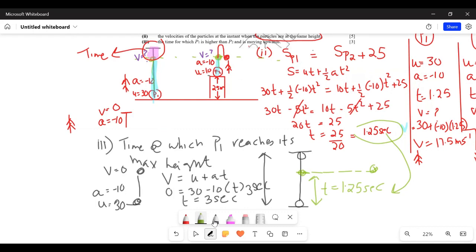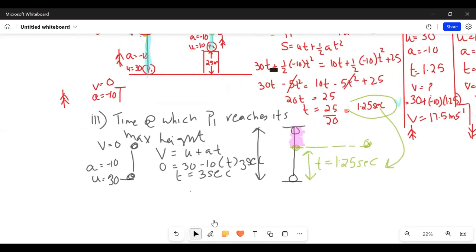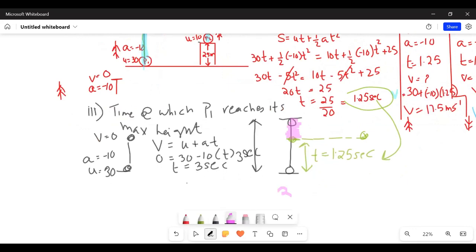That's going to be 1.25 seconds. Now subtract both the times, and that will give you the time for this region, which is the requirement of the question. So 3 minus 1.25 is 1.75 seconds. That's the answer for question 2.